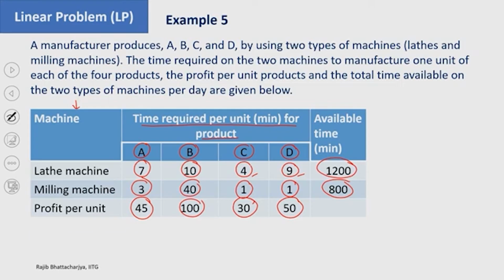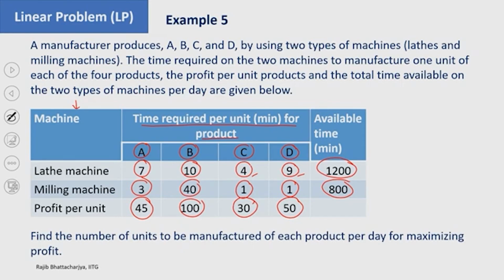Excel solver. The question is to find the number of units to be manufactured for each product per day for maximizing profit. We have to do the scheduling so that we can achieve maximum profit.